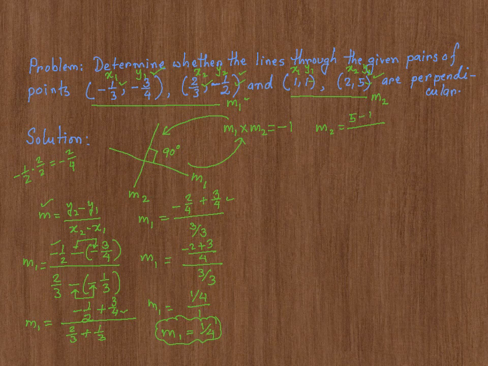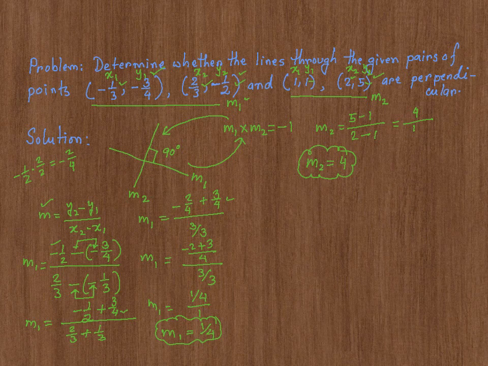So 5 minus 1. x2 is 2 minus x1 is 1. So that's going to give me 5 minus 1 is 4, 2 minus 1 is 1. So my M2 is equal to 4. Now these two slopes are not equal, therefore these two straight lines are not parallel.